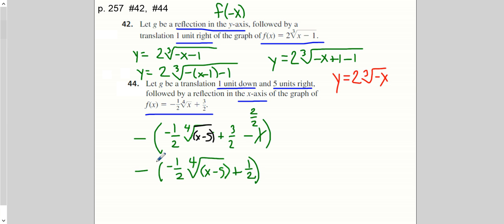The opposite of a negative and a positive will become a positive and a negative. And there it is. Check your answer.